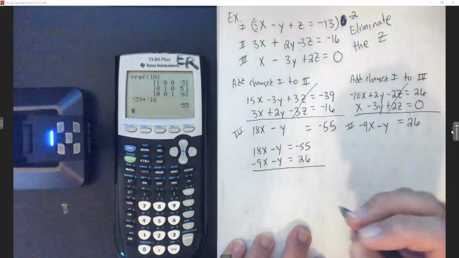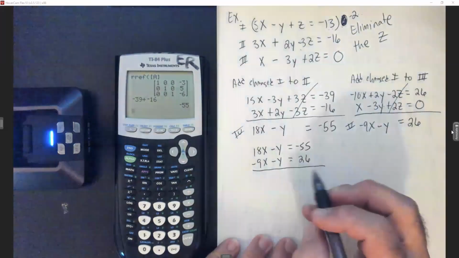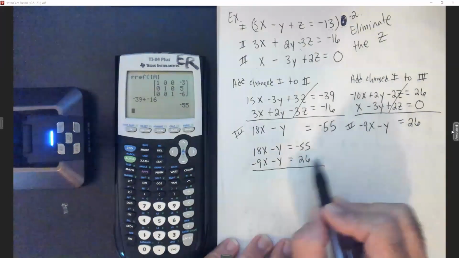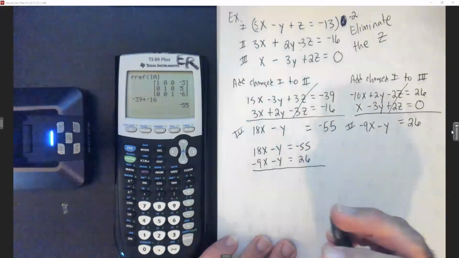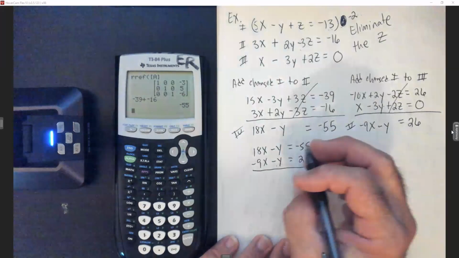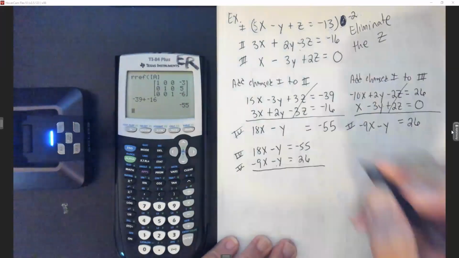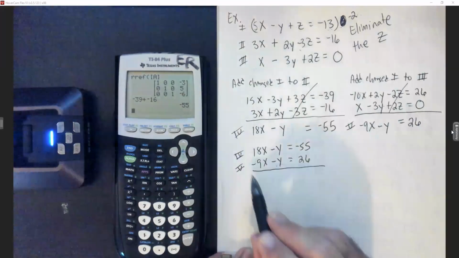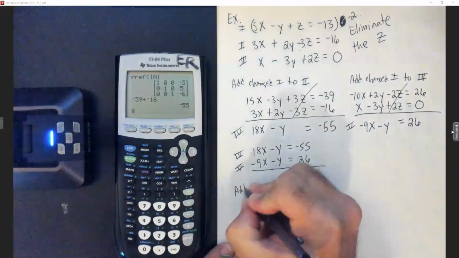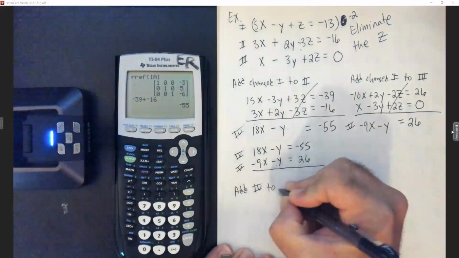So what I'm going to do is multiply one of these by a negative 1 to change it from a negative to a positive. So I'm going to take my row 4 here and my row 5. I'm going to add 4 to a changed 5.